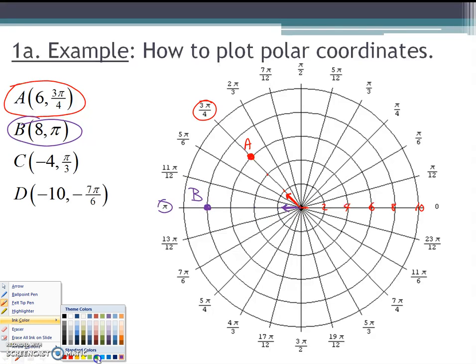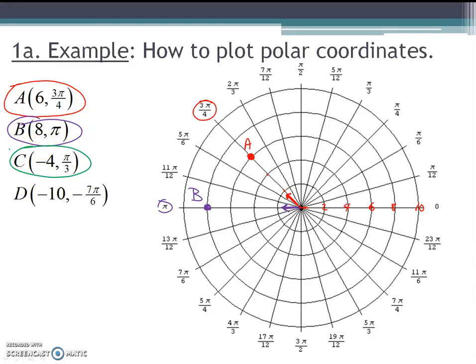Now point C. Point C, we are now introducing a negative directed distance, directed radius. So what happens is you want to identify that you're facing in the direction of, so in other words, stand here and look in this direction. If you can picture a bird's eye view of you standing on the pole and looking at the pi over 3 line in the distance.